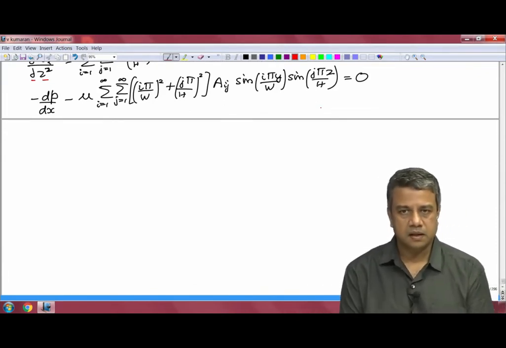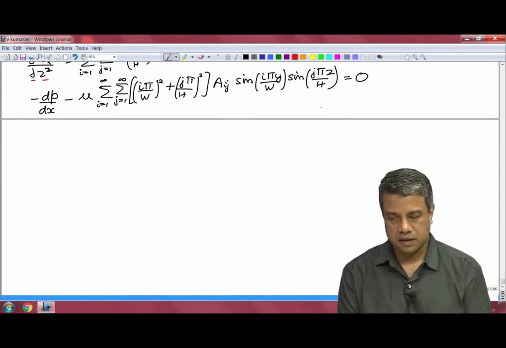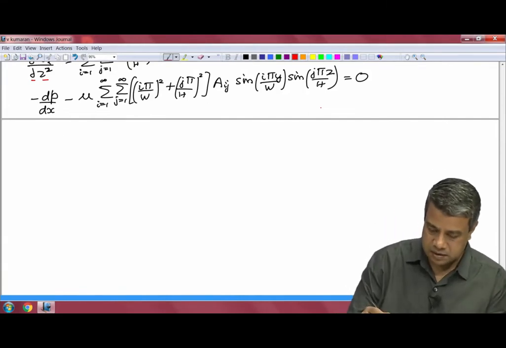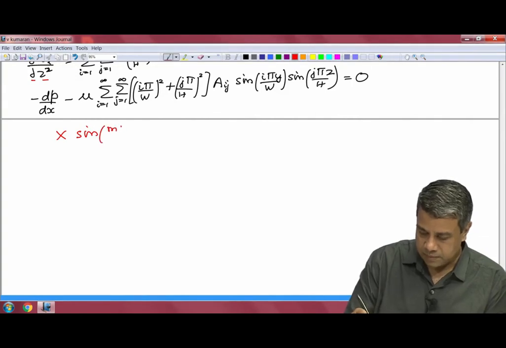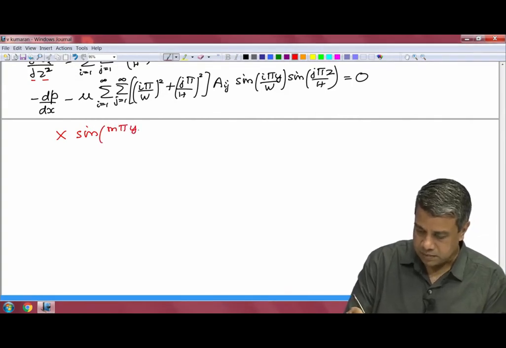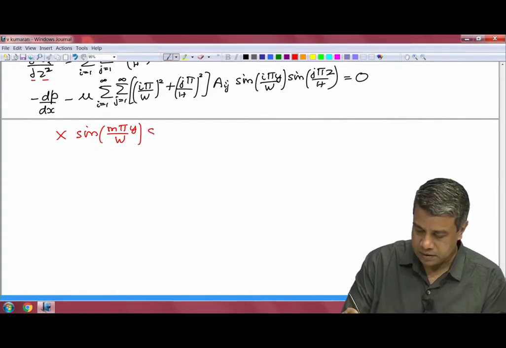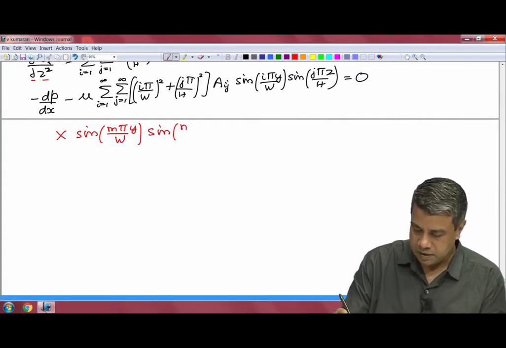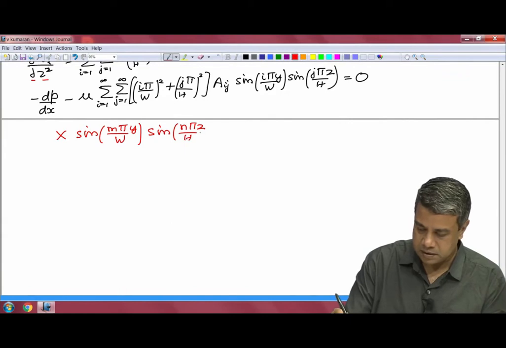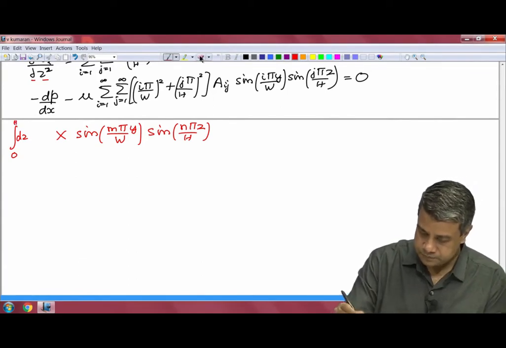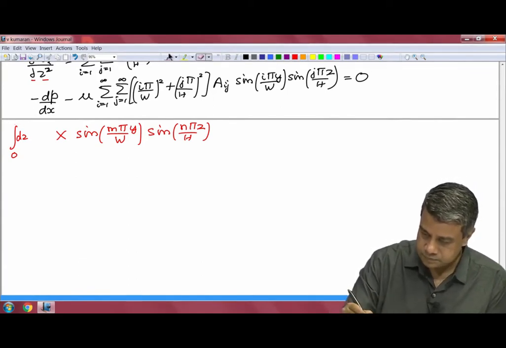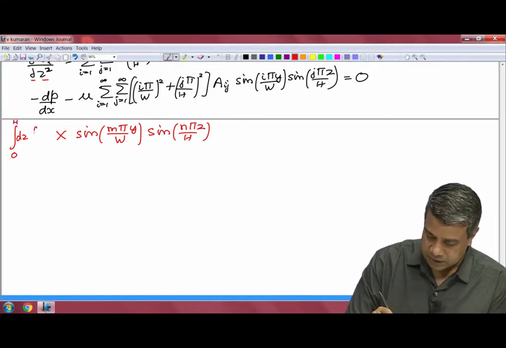And how do I determine these coefficients? I just multiply the entire equation by sine of m pi y by w, and sine of n pi z by h, and integrate dz from 0 to h and integral 0 to w dy.